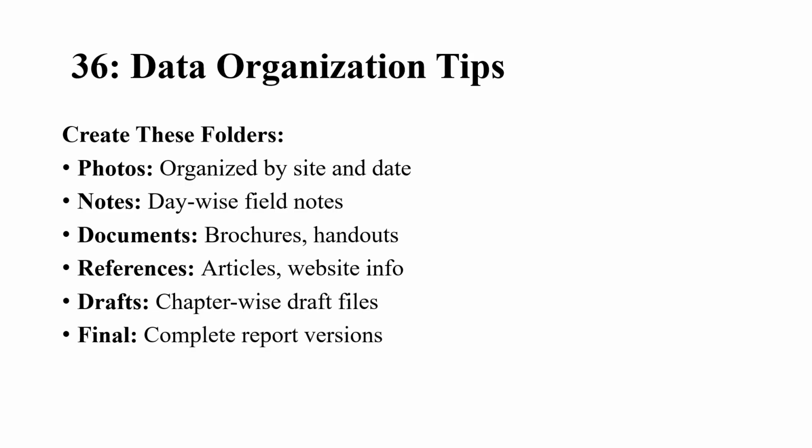And then the references, like what kind of articles and websites you visited to gain more information about that respective site. Then you have the drafts folder. Here you have the files chapter-wise, like 1, 2, 3, 4, 5. That way you're working on individual files. And finally, you have one folder where you compile all these files and you have the report ready.